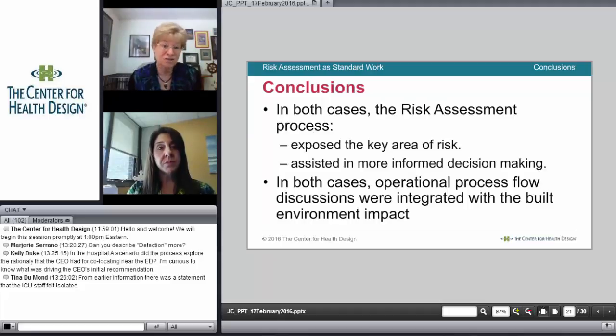Because if we had just listened to the COO, that's what we would have designed and that's what would have happened. Was that really the right thing to do, the safest thing to do? We came up with a different solution. In both cases, it was so helpful to talk through the process as well as the space, so we understood the impact of both.